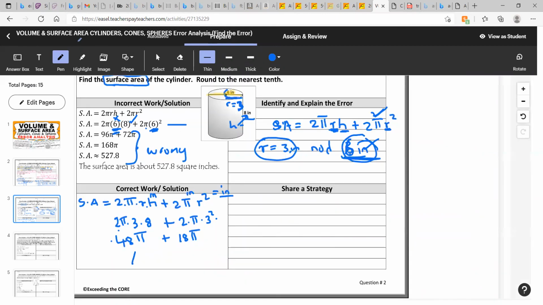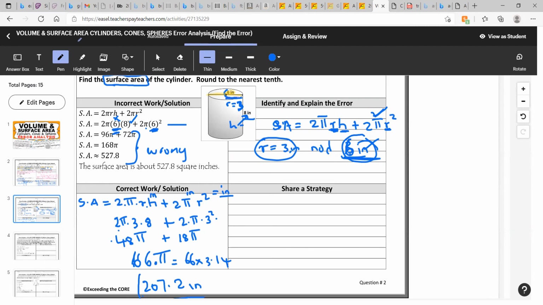So this will be 66 pi. And we know pi is, we're still multiplying, pi is 3.14. It's just like 66 times 3.14, which is 207.2 square inches.